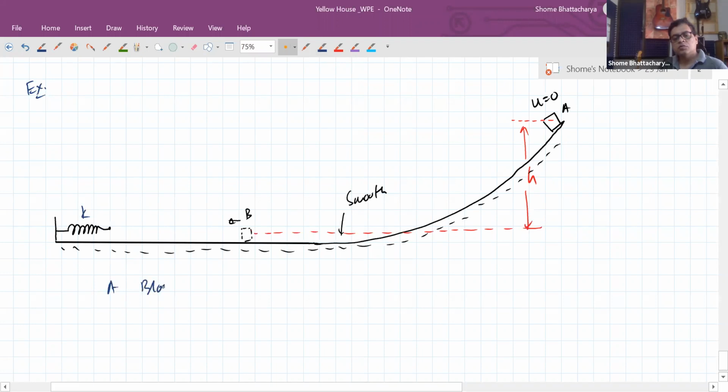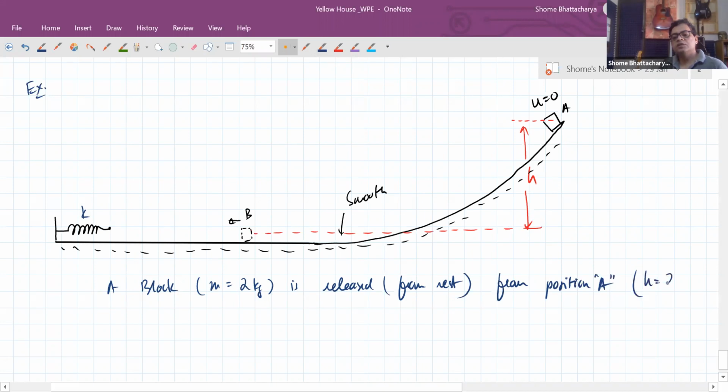So a block of mass, let us say 2 kilograms, is released from rest from the position A. The height is given to us as 20 meters. Take g as 10 meters per second square.